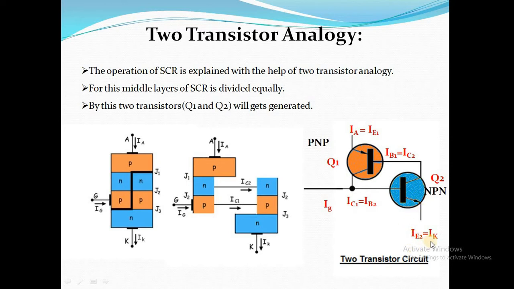This emitter current is the same as the cathode current, and the emitter current of the first transistor is the same as the anode current. The base of the first transistor is the same as the collector terminal of the second transistor, and similarly the collector terminal of the first transistor is the same as the base terminal of the second transistor. So these two terminals are internally connected here.